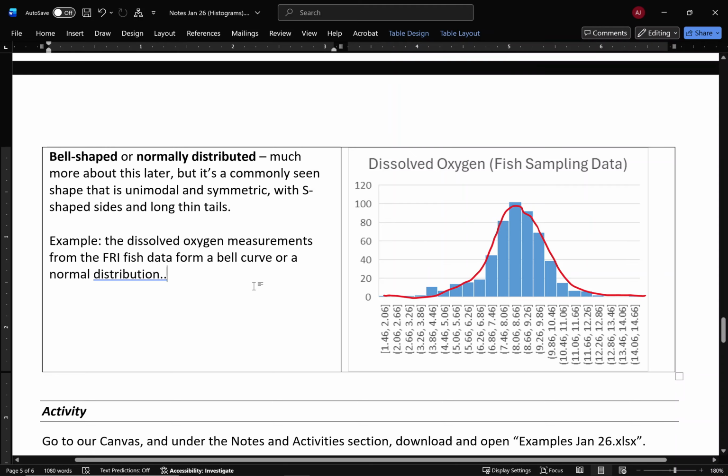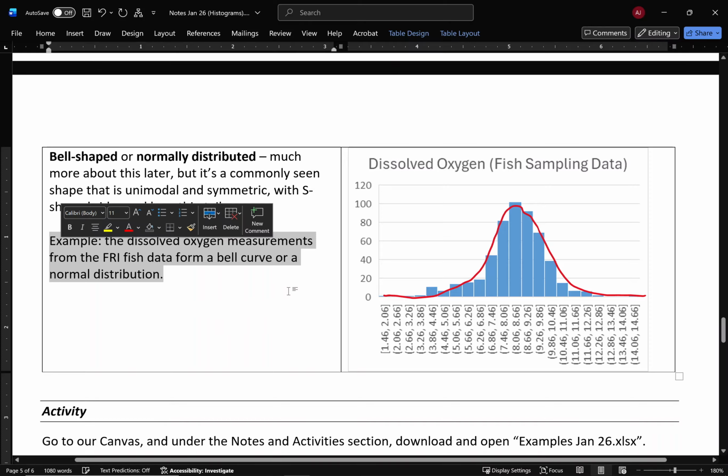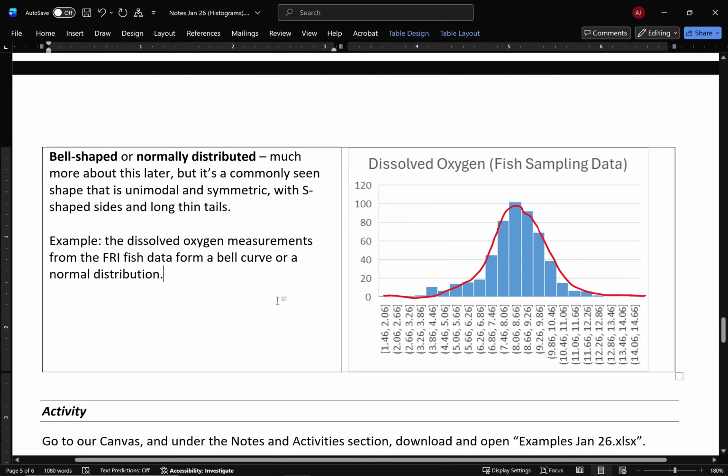So this is a really commonly seen type of distribution, which you'll get to find out so much about why we see this all over the place. It's pretty interesting. The dissolved oxygen measurements from the fish data was the clearest bell shape that I found when I was making these examples, for whatever reason.